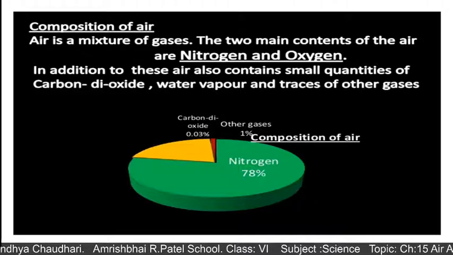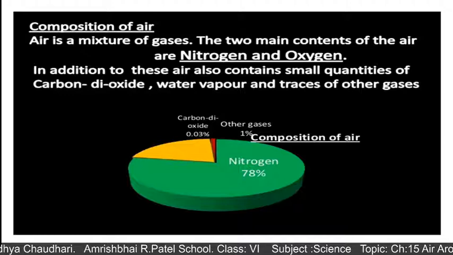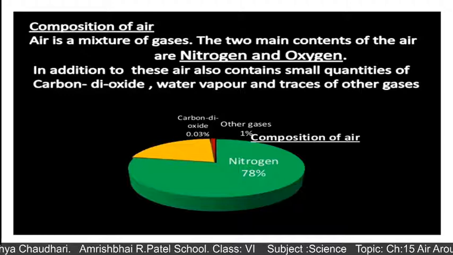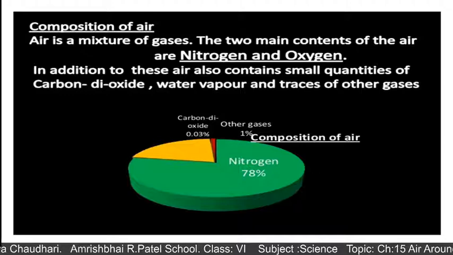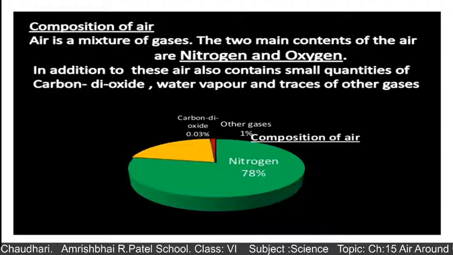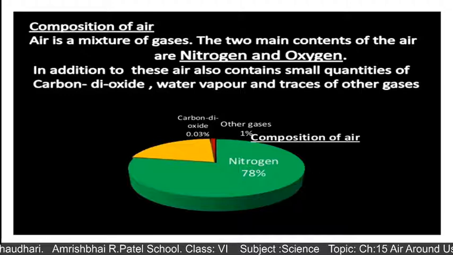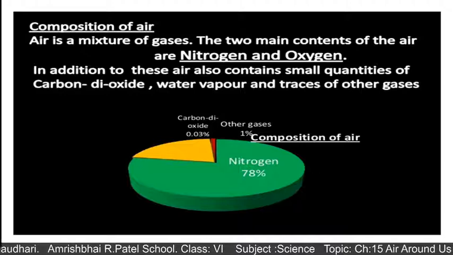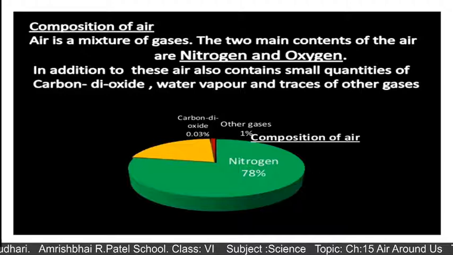In addition to this, air also contains small quantities of carbon dioxide, water vapor, and traces of other gases. So in this way, nearly 99% is occupied by nitrogen and oxygen, and 1% by carbon dioxide and other gases.